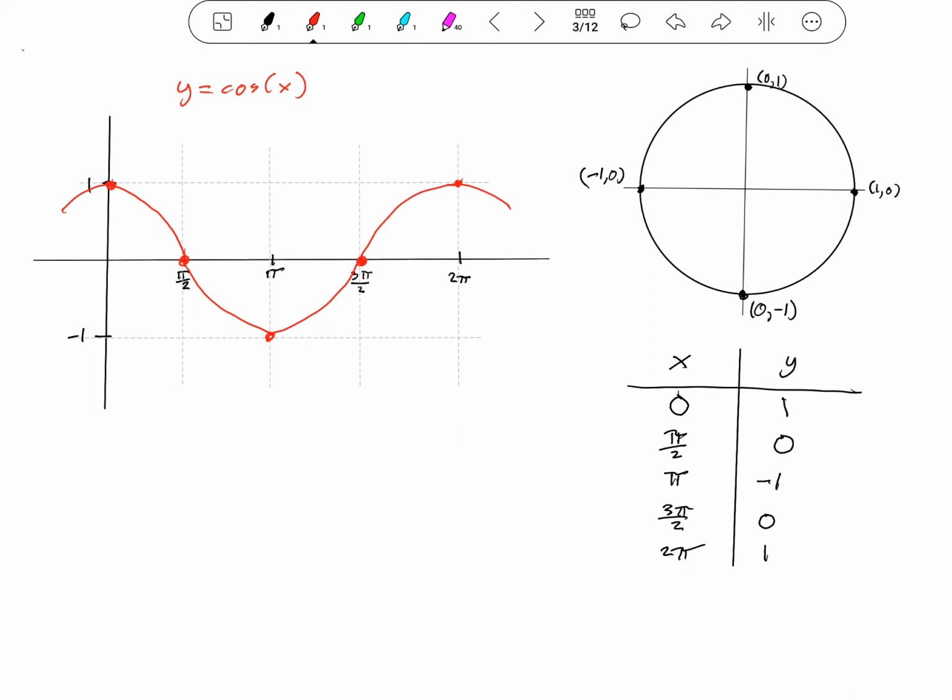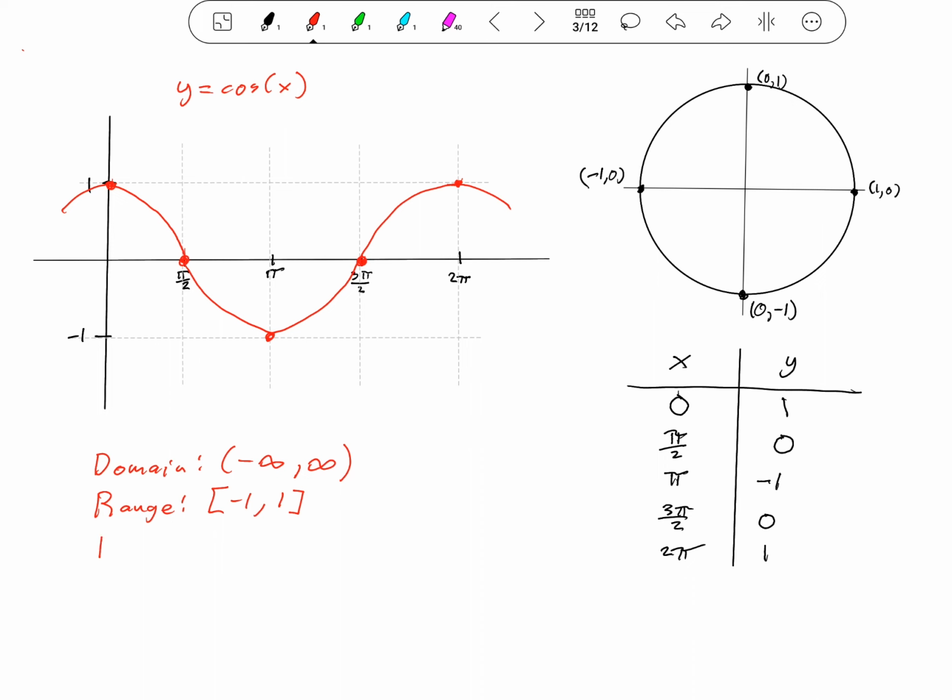If we think about this graph, we have a domain of -infinity to infinity, because I can plug in any value onto the unit circle, and a range that goes from -1 to 1, because we're looking at the x values on the unit circle, which means we go from -1 to 1.